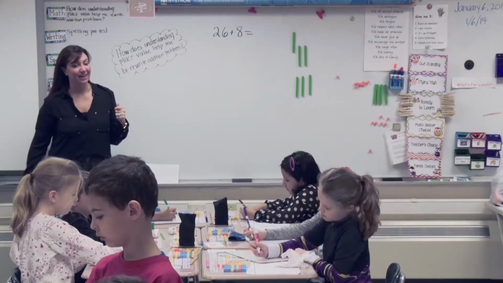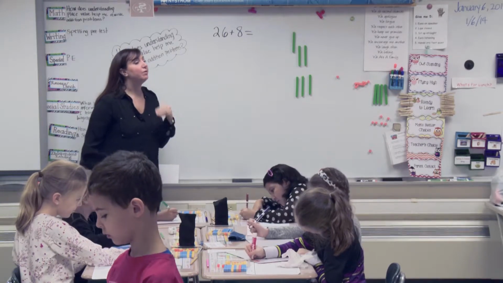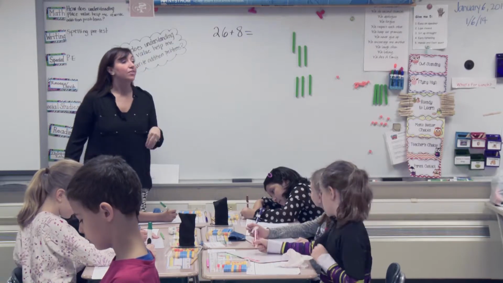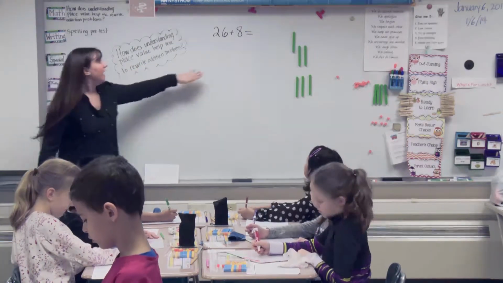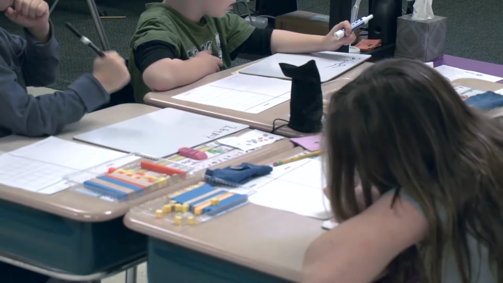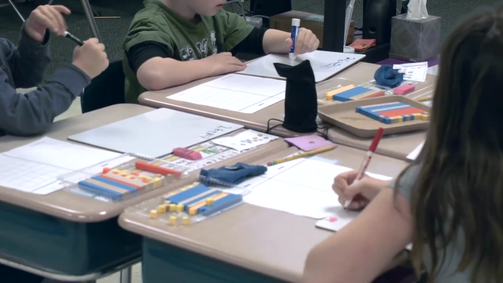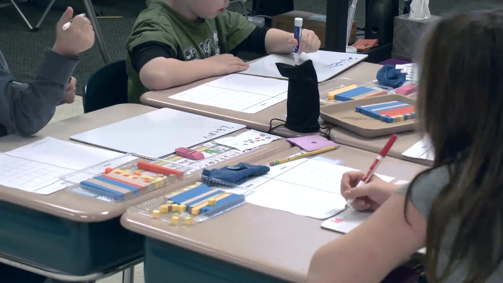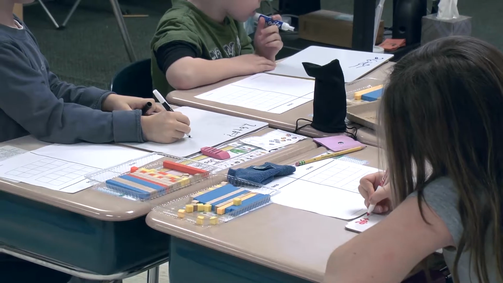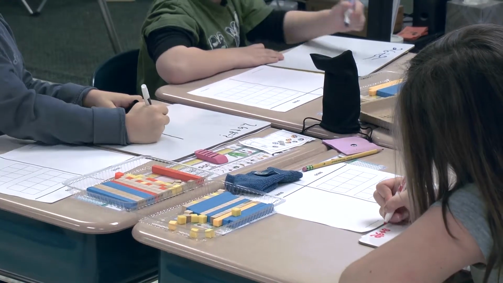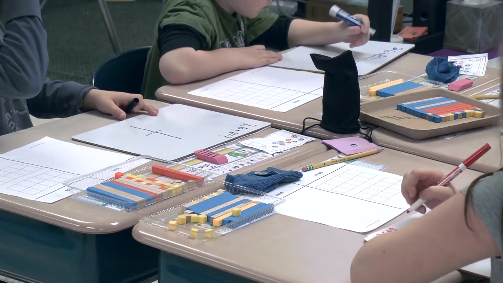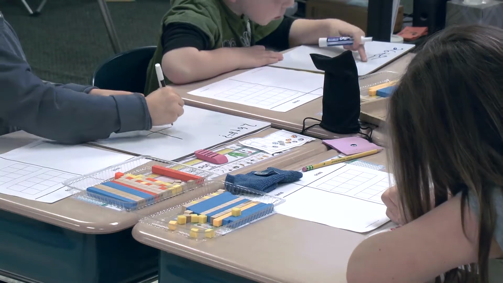Then I want you to rewrite it the way you would, thinking about place value, vertically going up and down. Think about what you remember with 10s and 1s in each place. It's very important to line your numbers up soldier straight, in each place.